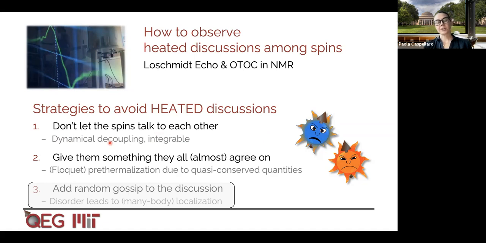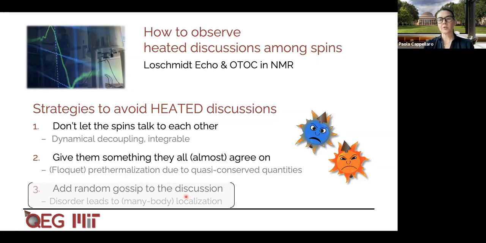The second strategy is to give to the spins something that they all almost agree on. So what that means is to create some sort of symmetries or conserved quantities so that we achieve at least a quasi-stable equilibrium, which is called prethermalization. And in particular, again, we will use control to do that, so it will be a Floquet prethermalization.